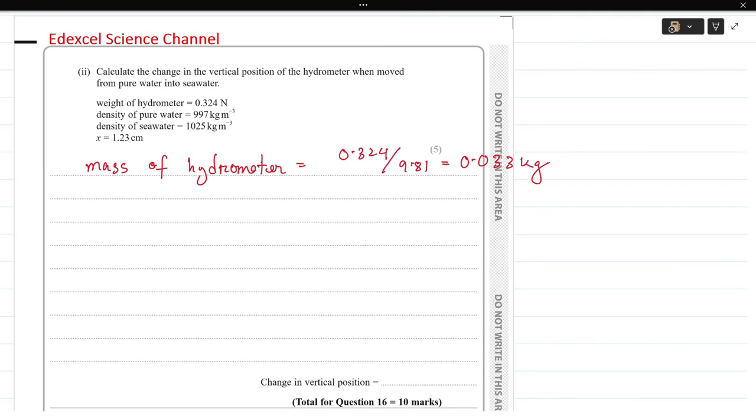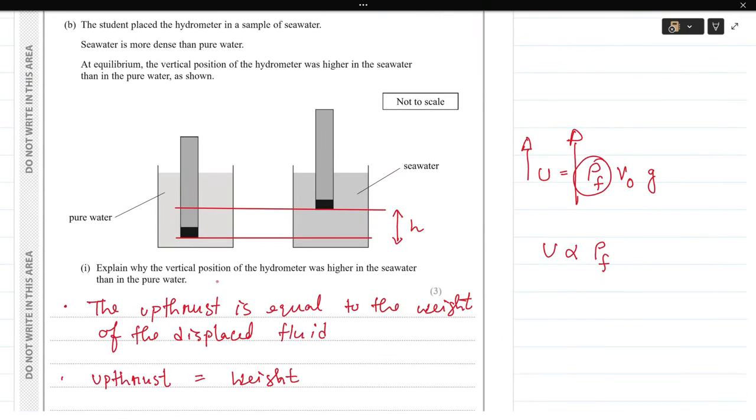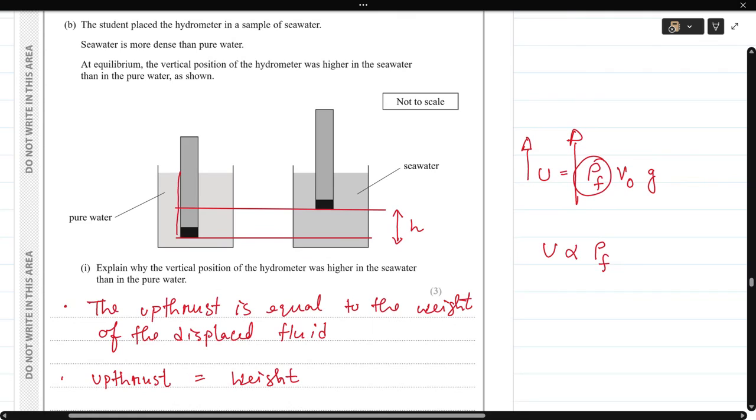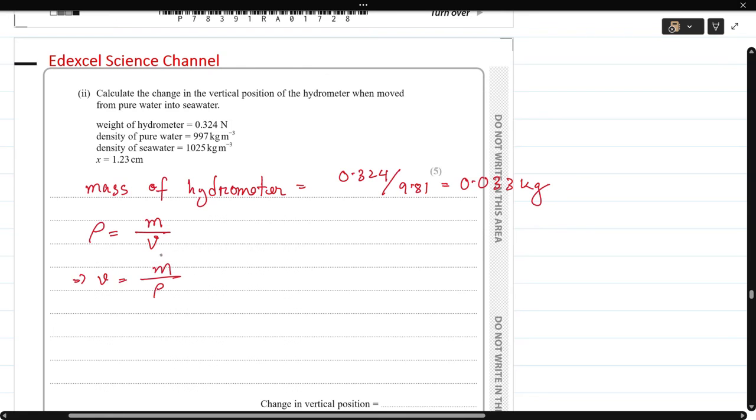Now we know that whatever volume of pure water the hydrometer has displaced, we can find it out using this formula. Density is equal to mass divided by volume. So over here we can find out volume is equal to mass divided by density.